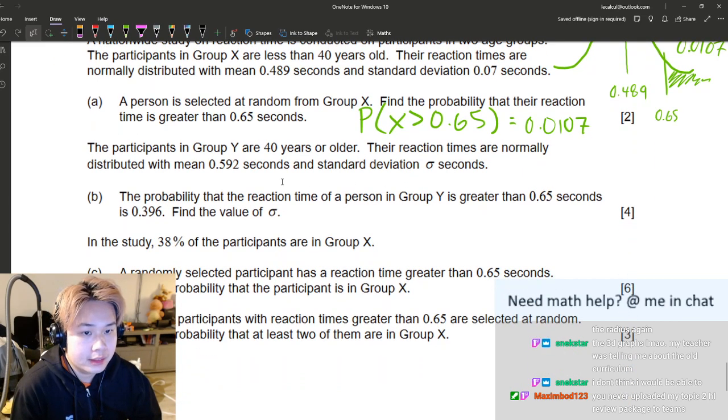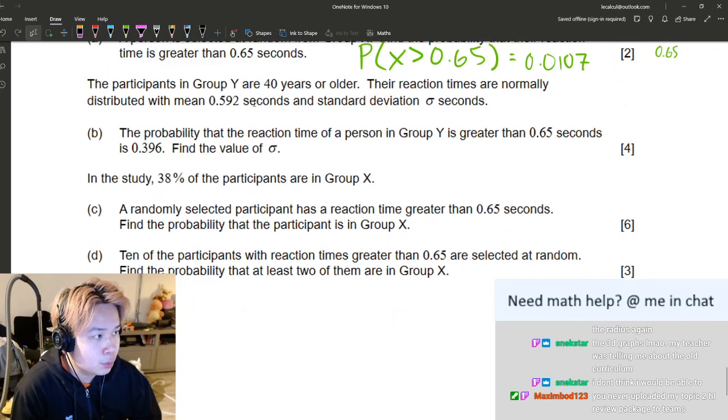Alrighty. And then we have the second group, which has a different distribution because they're older, so their reaction times aren't as good as younger people, which sucks, but that's the fact of life. And then we do know their mean, however, we don't know their standard deviation.